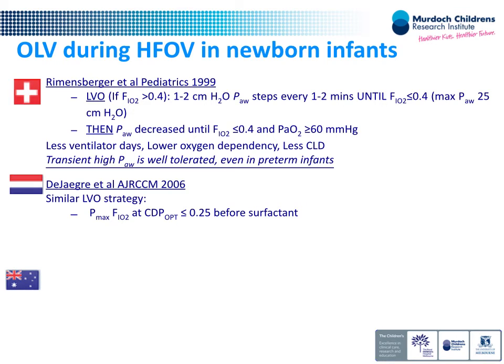Less conservative than the Swiss. So the 25 centimetre ceiling wasn't in place, and a more aggressive intention for improvement in oxygenation, with an aim to find the mean airway pressure that brought your FiO2 down to 25% or less before surfactant. So a much more aggressive strategy.